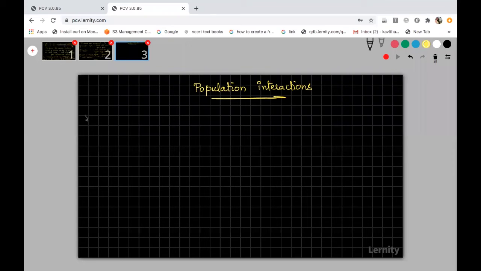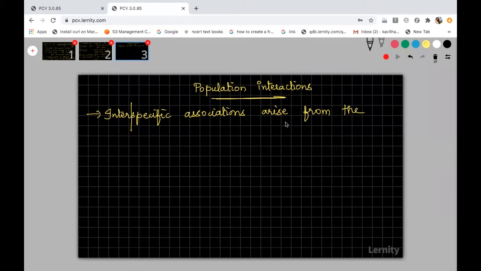So what you are going to study in this population interaction is the interspecific associations. What do you mean by interspecific association? Inter means between, and specific refers to species, so between two different species there will be some association. This association means they are joined together.